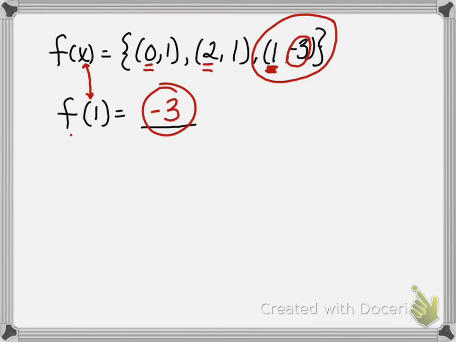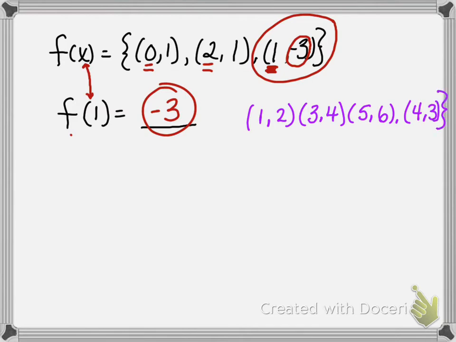We could try another one. Let me use a purple. If I gave you 1, 2, 3, 4, 5, 6, and I'll do 4, 3. So let's say here's my function. And I ask you, what is f of 4?